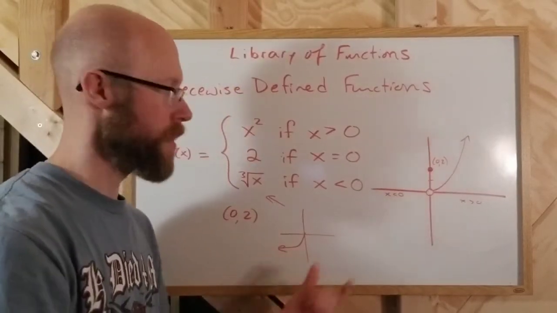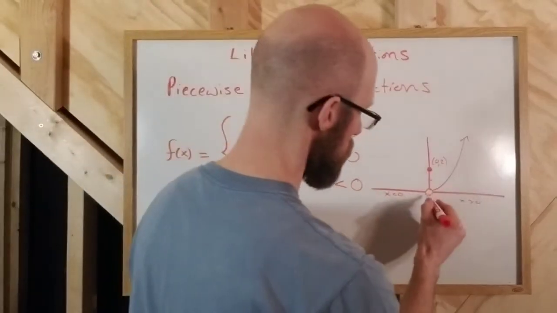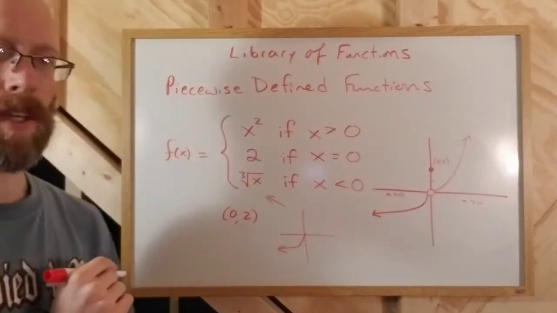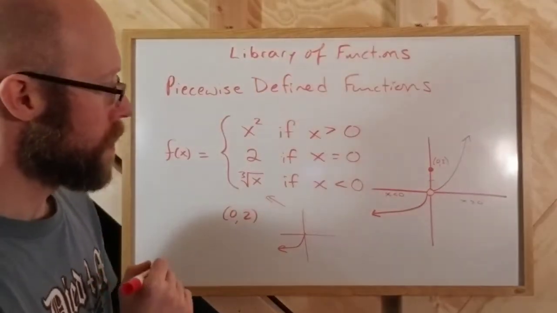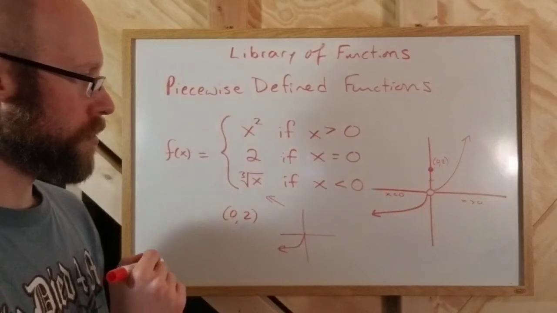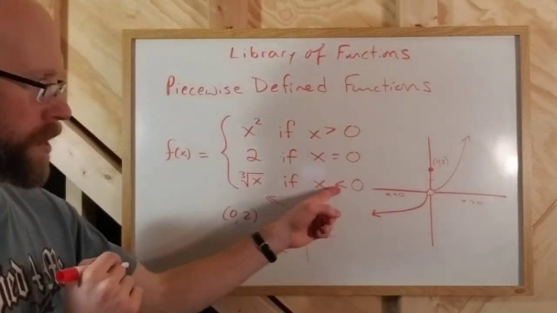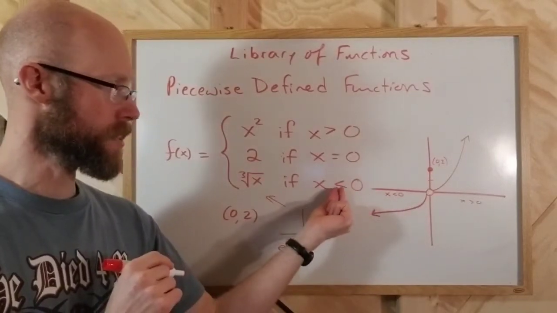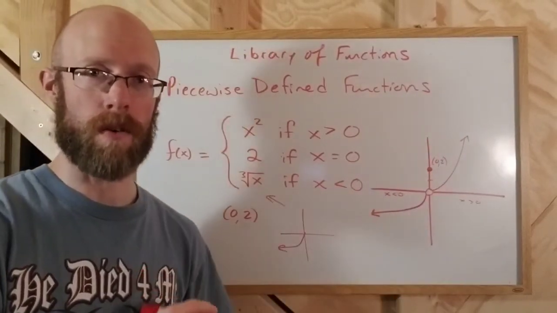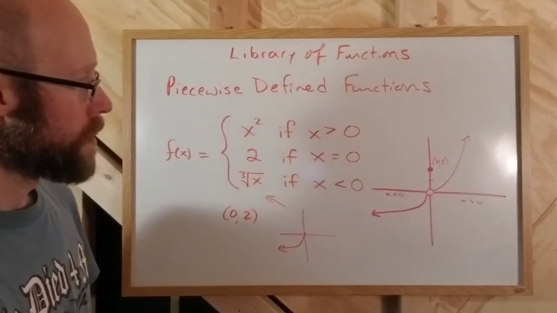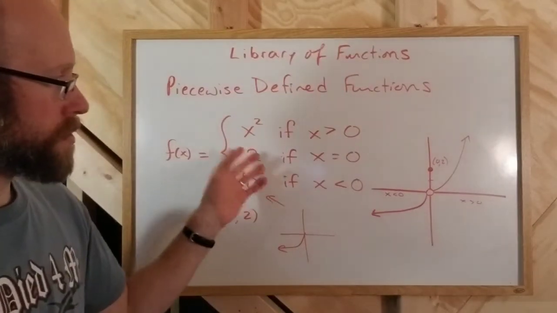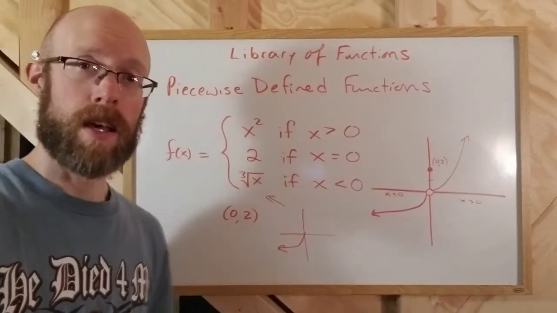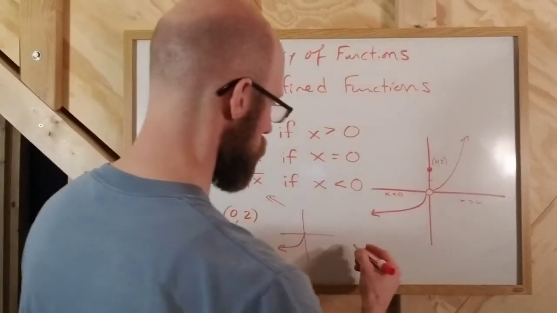Okay, so that left half is what I'm going to plot in here, and it's going to come down and shoot out to the left. Again, I would keep an open circle there because my function, my domain or region is not equal to 0. It does not include 0. Okay, so this one had 3 nice portions to it. I have everything plotted. If I wanted to find the domain and range, I could do that as well.